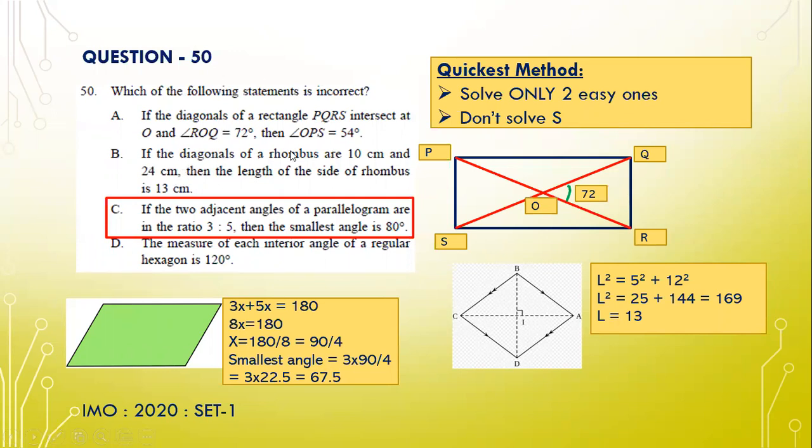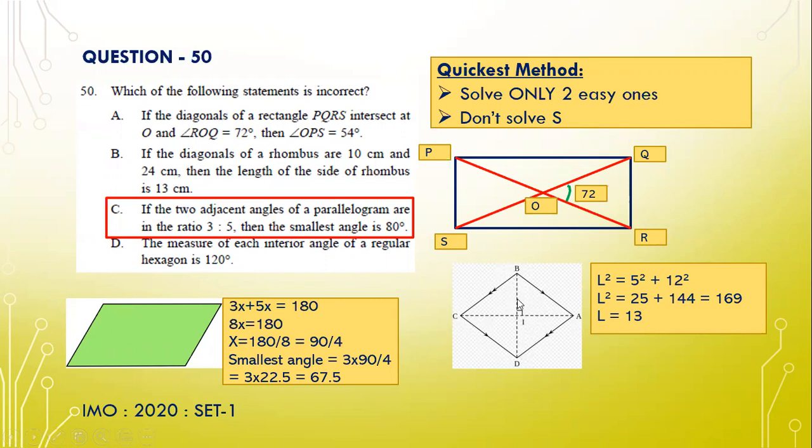Second one, if the diagonals of a rhombus are 10 centimeter and 24, then the length of the side of the rhombus is, so again we discussed this in an earlier question, the diagonals of a rhombus always bisect at right angle. So again, we use the Pythagoras theorem. One diagonal is 10, another is 24.